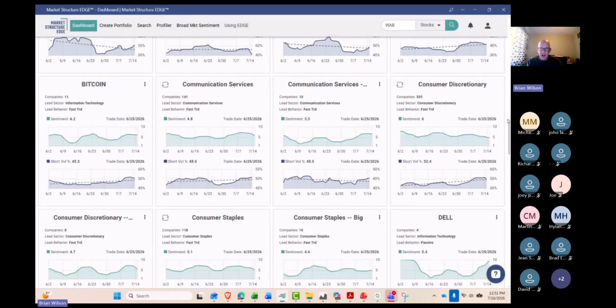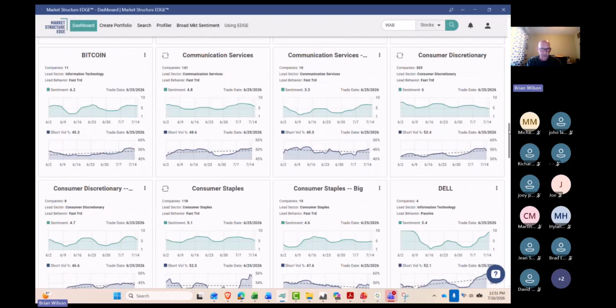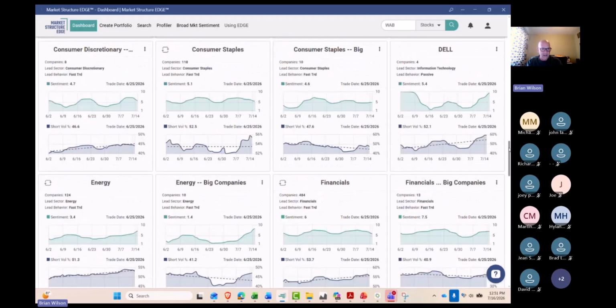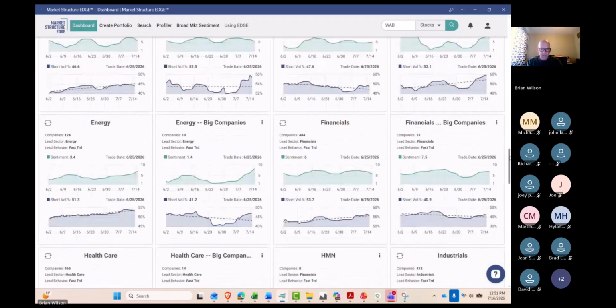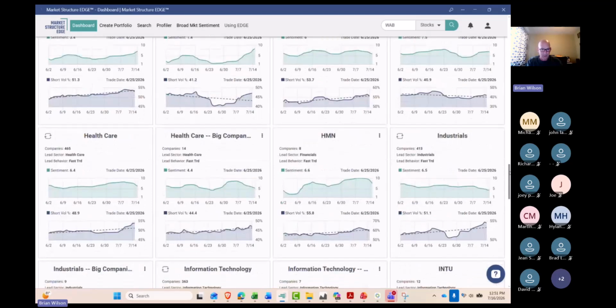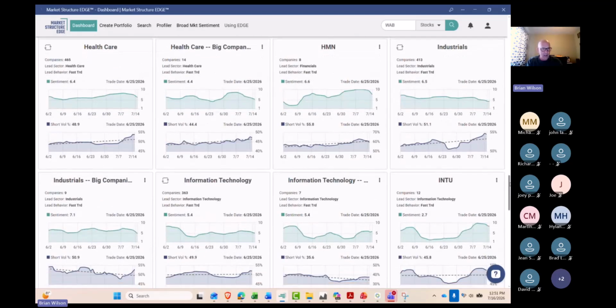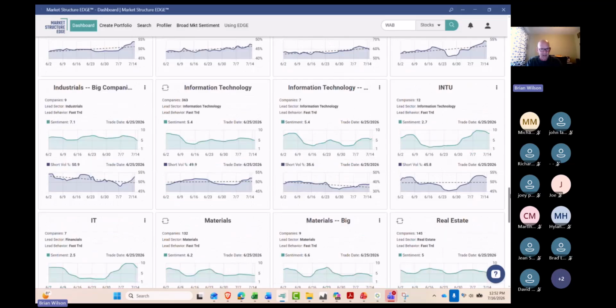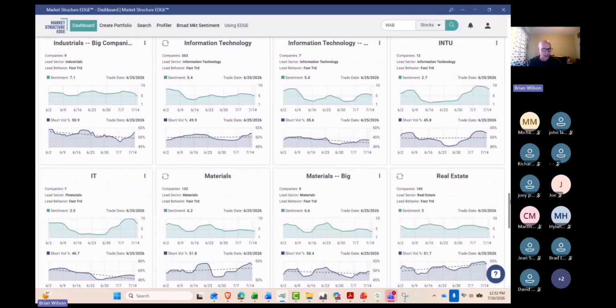Once again, I'm seeing a lot of fast trading as I go through the sectors. It's not completely fast trading, but it's pretty close, isn't it? And recognize that if we're coming into expirations, we tend to see more passive investment activity. Well, that's not occurring right now. Maybe that changes here over the next few days.